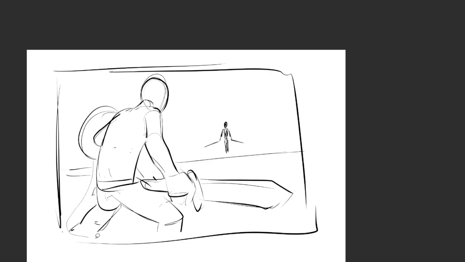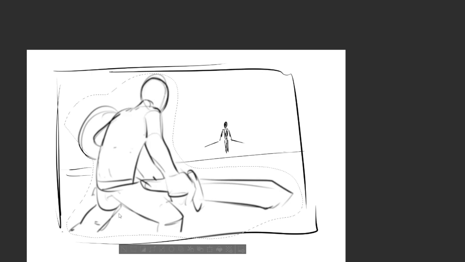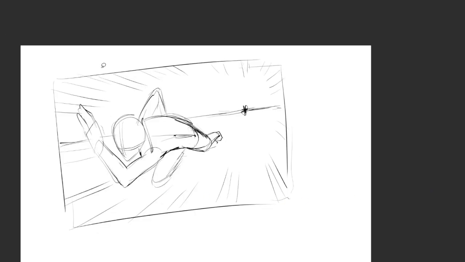If you wanted to focus on the background, you just blur the foreground. So filter, blur, kind of like this. The foreground is now blurred out, and the reader is now focusing on the background.